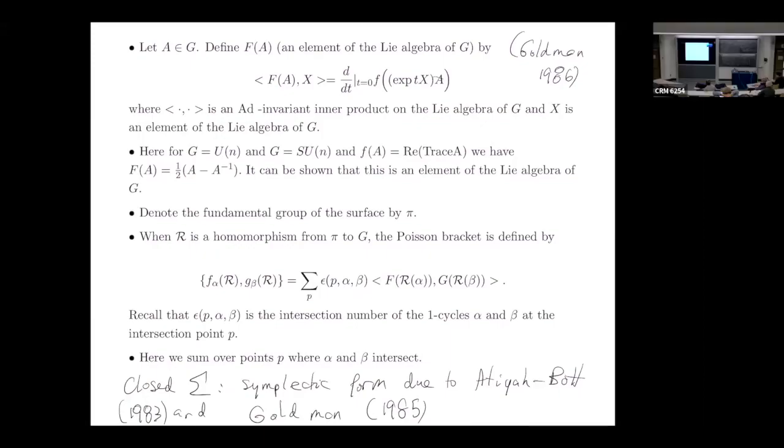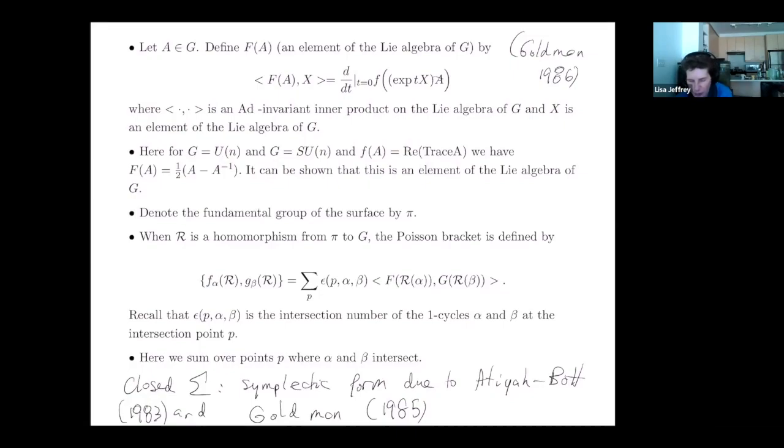You're assuming that G is semi-simple? U(N) is not semi-simple. G equals SU(N) is semi-simple. I don't think at this point that I am assuming that G is semi-simple.